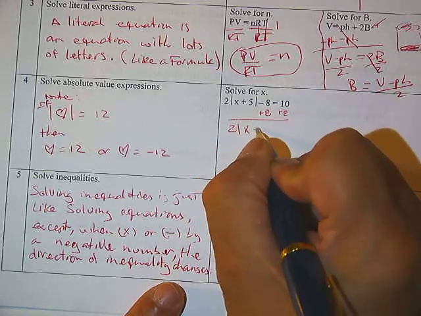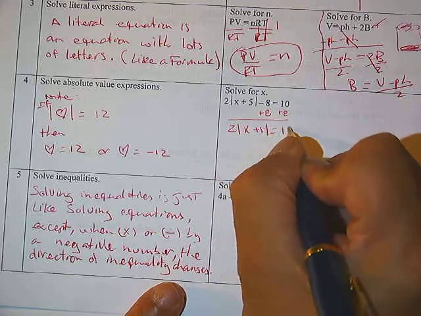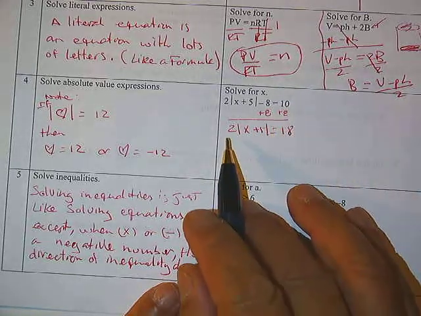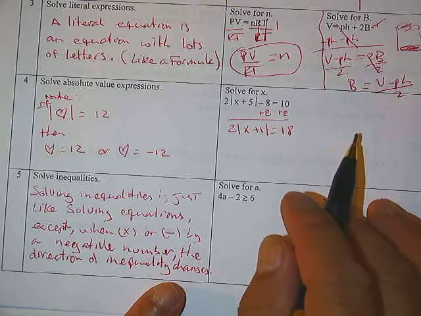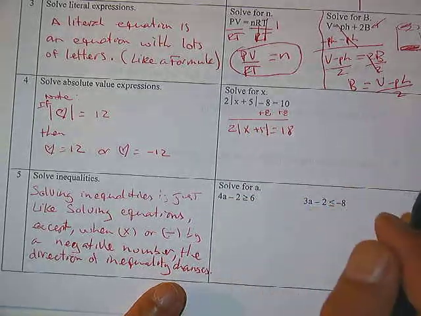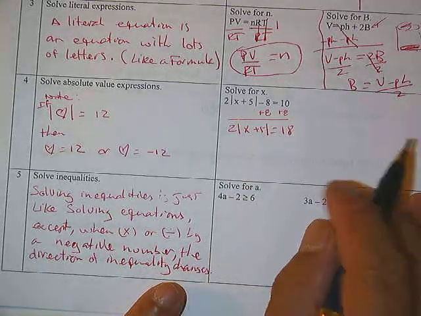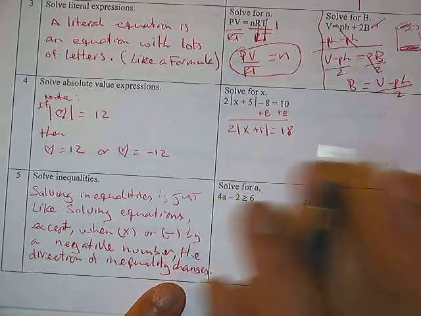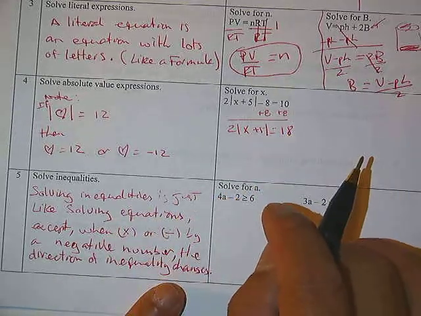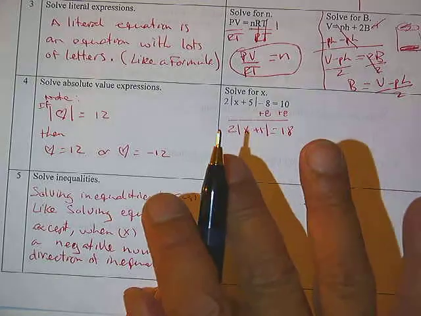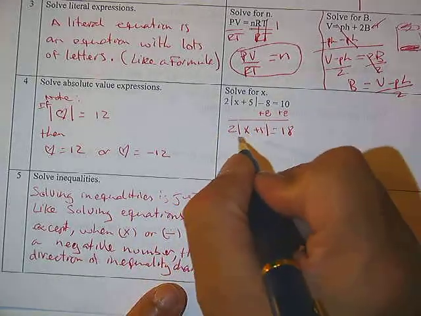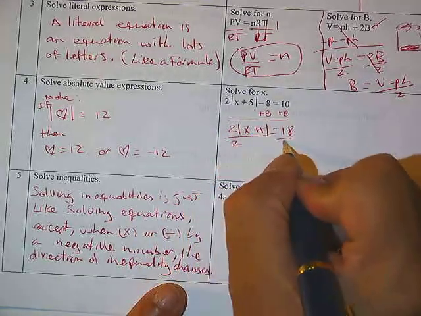So we're going to solve for x by getting rid of that negative 8. We're going to add 8 to both sides. And then you have 2 times the absolute value of x plus 5 is equal to 18. Now you might be tempted to distribute that 2, and it will probably work, but our recommendation is you don't do it.